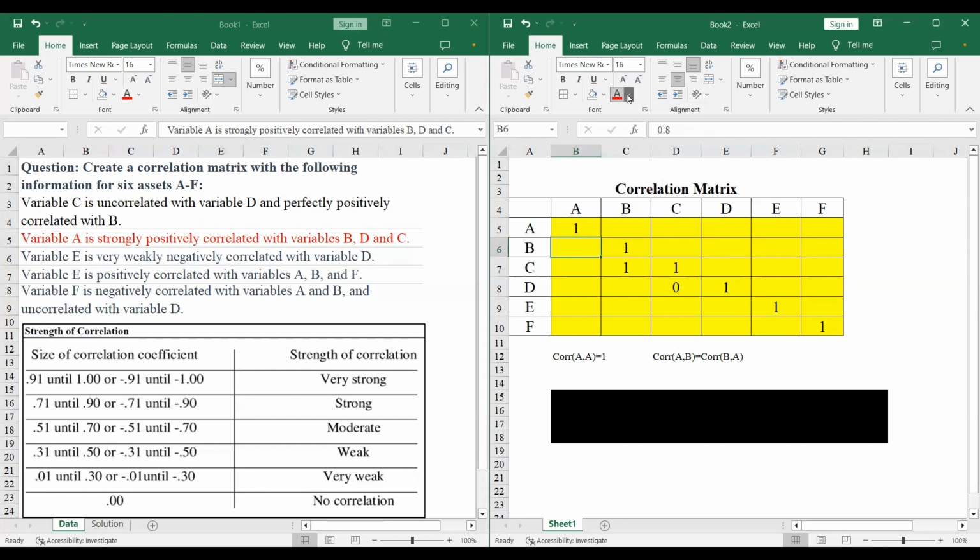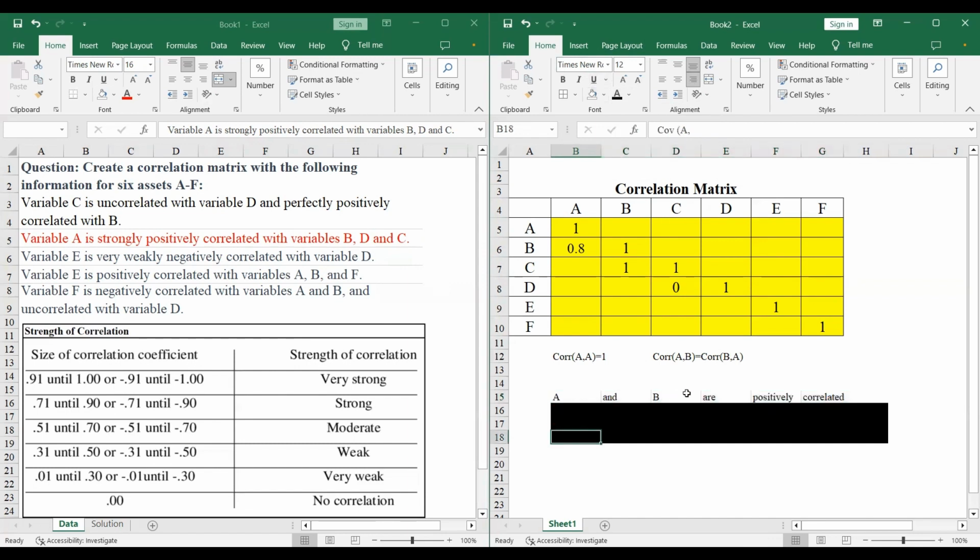Let's take 0.8, for example, which is between 0.7 and 0.9, indicating it's a strong correlation between B and A. Once we have established that the correlation between B and A is 0.8, we'll have to look at some other things as well, and join the previous information that we have to fill in the table.